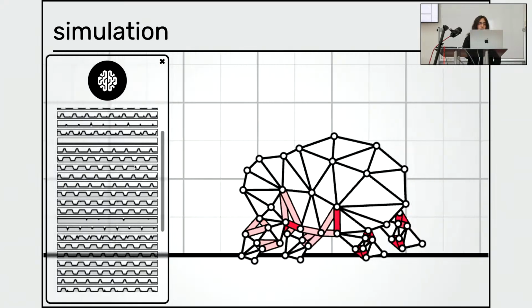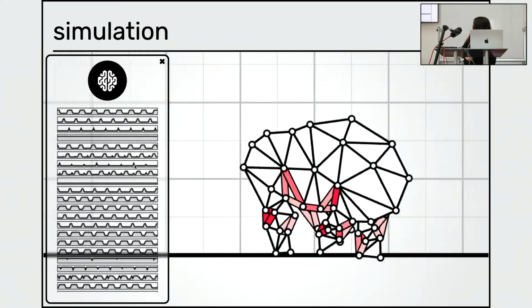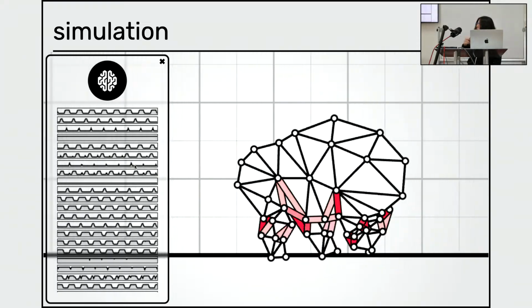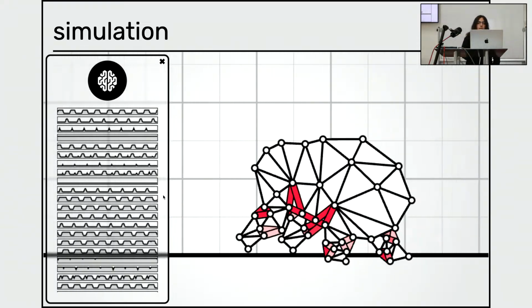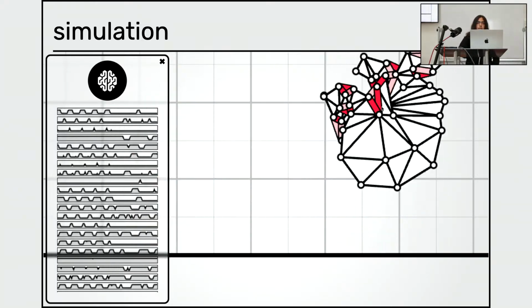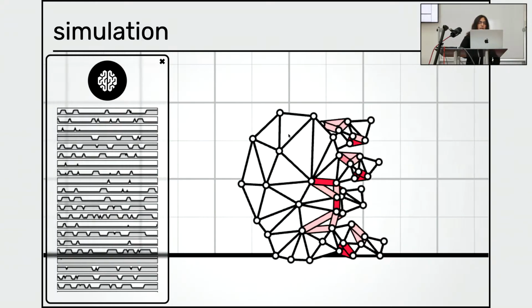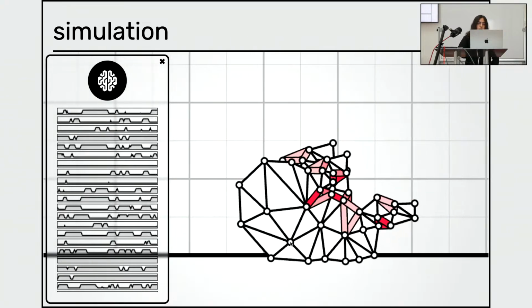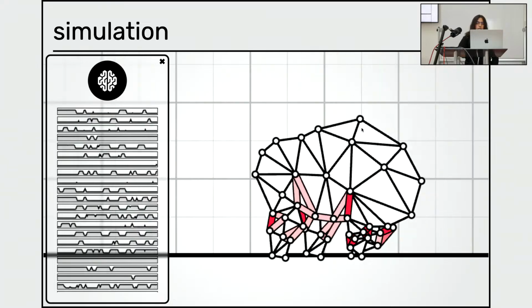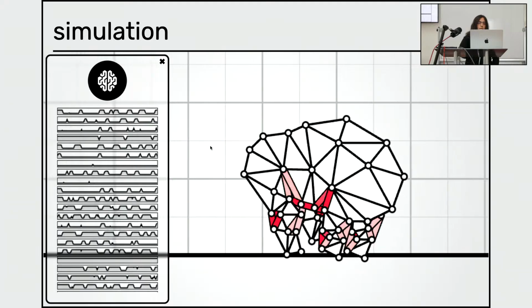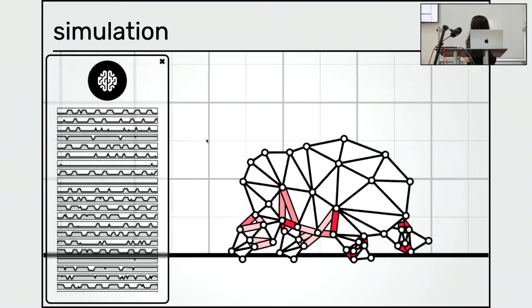Now, these muscle control signals might look periodic, but they are not actually periodic. It's a neural network, so it can react to user interaction. If I move this around, you can see how the signals change a little bit. There's a sensorimotor control loop perceiving the state of the agent, and it can eventually recover from those perturbations if you leave it alone for a little while.